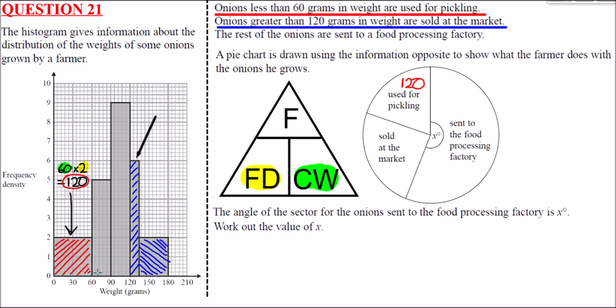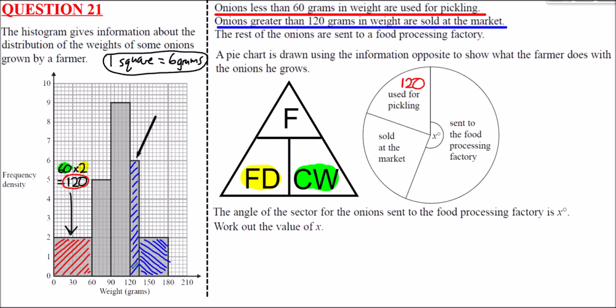So 5 squares along must represent a width of 30. If 5 squares represents 30, dividing by 5, 1 square is 6 grams. 1 square is 6 grams.